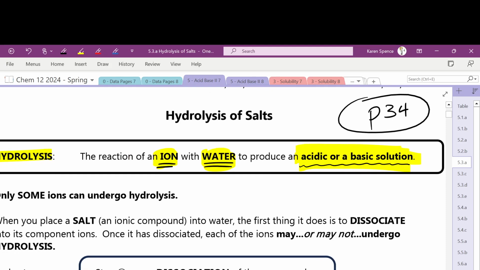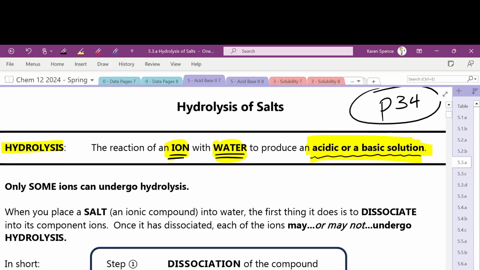Some ions can undergo hydrolysis. Can you think of some ions that cannot undergo hydrolysis? Tell your partner.